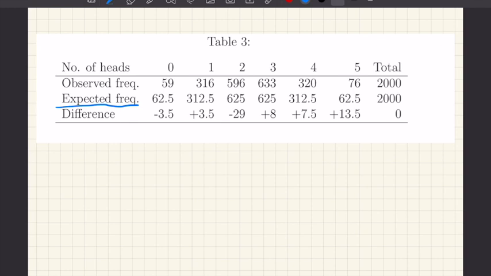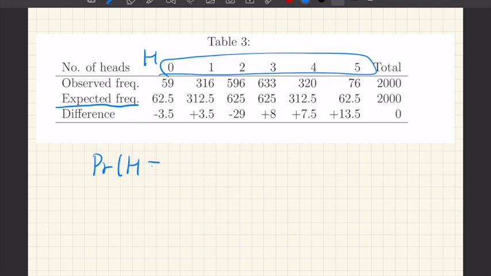Any ideas? Actually here we are assuming that the coin is fair. So let's say k is the number of heads, the values of the random variable h. The probability of h being 0 is a binomial distribution, right?